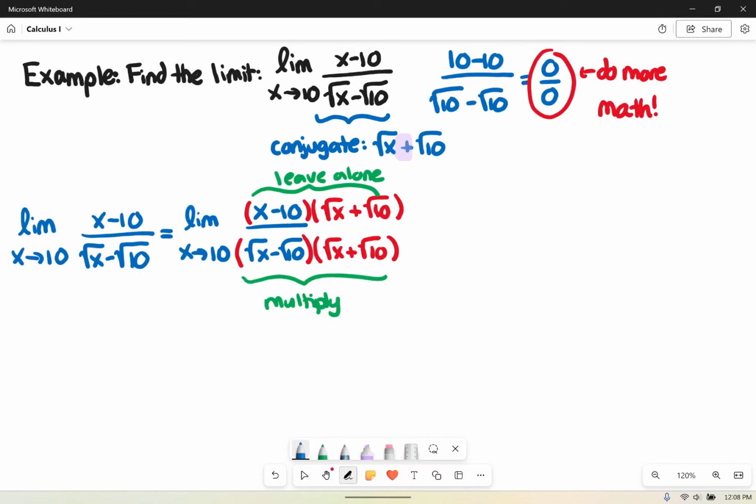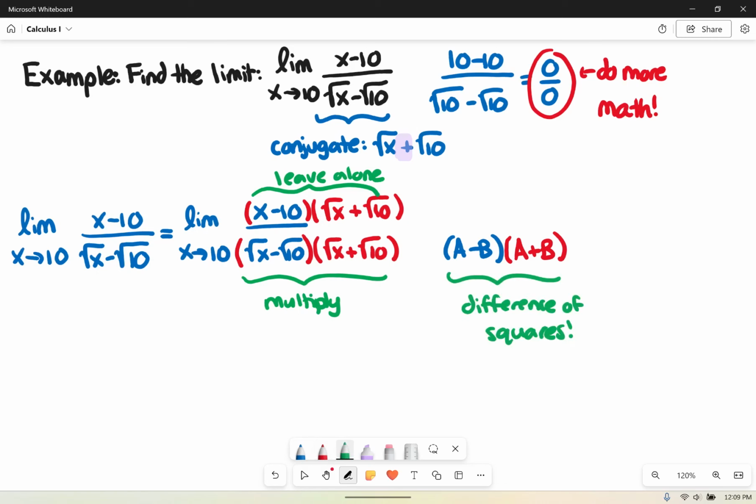If you look closely at the form of the denominator, it has the pattern a minus b times a plus b, since all we did to get the conjugate was change the subtraction to addition. This makes this the exact factorization of a difference of squares.